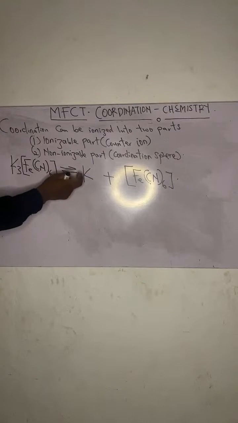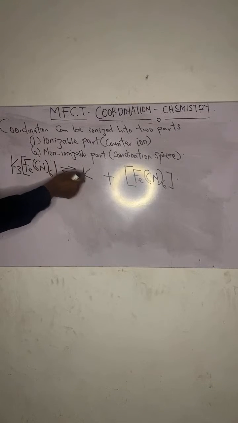Okay, now we've written this. Once you've written this, the next thing you have to do is assign the appropriate charge. We all know that this K represents potassium, and potassium belongs to group 1 elements. Whenever a group 1 element undergoes ionization, it becomes positively charged. Potassium is a group 1 element, and all group 1 elements undergo ionization by the loss of an electron.